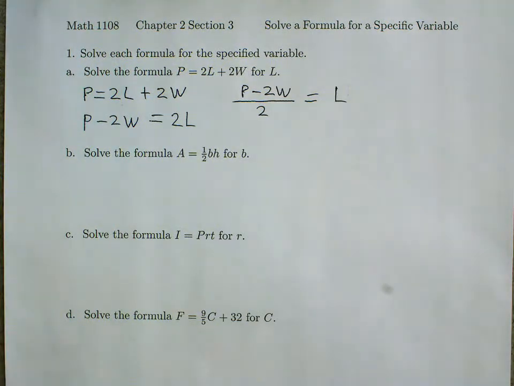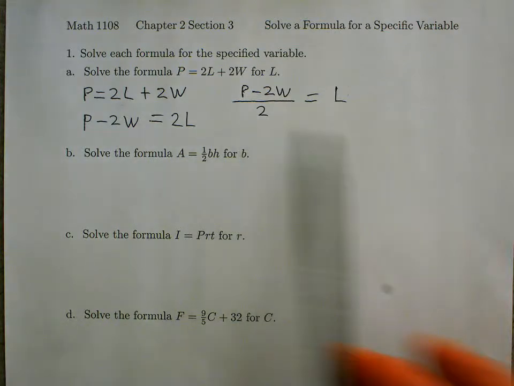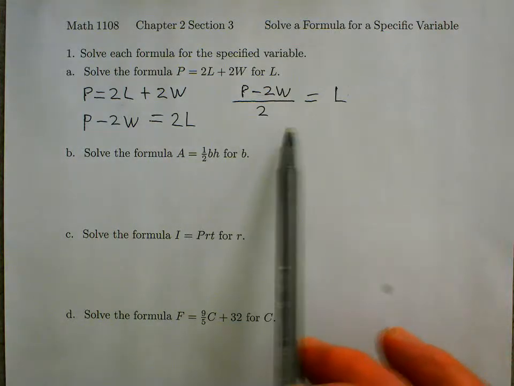Can we do anything else to simplify? So I'm trying to lure you into doing something that's illegal, but it's a common mistake made by students. So I don't want to confuse you. This is a perfectly fine way to leave the result.